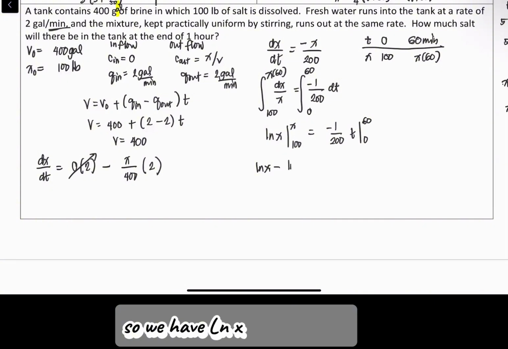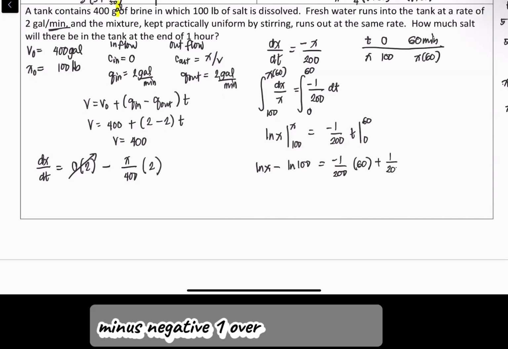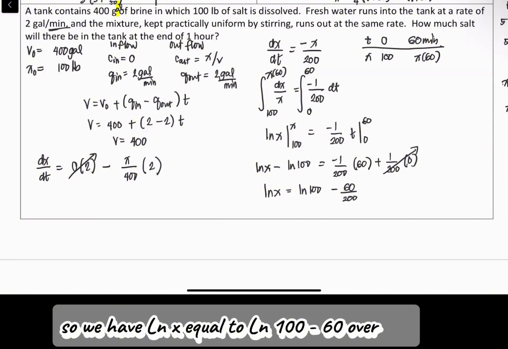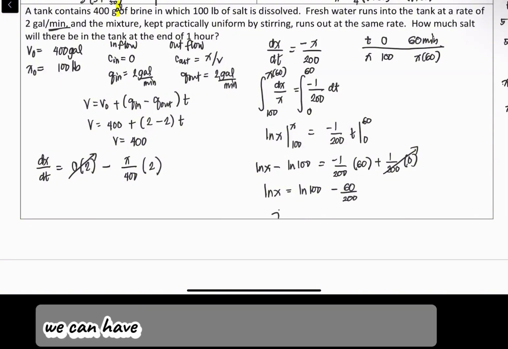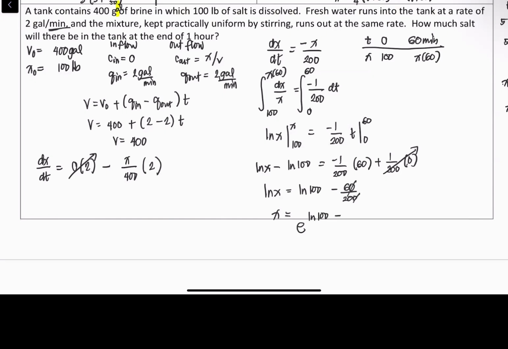So we have ln x minus ln 100 is equal to negative 1 over 200 times 60 minus negative 1 over 200 times 0. So we have ln x equal to ln 100 minus 60 over 200. So we can have x to be equal to e raised to ln of 100 minus 3 over 10.